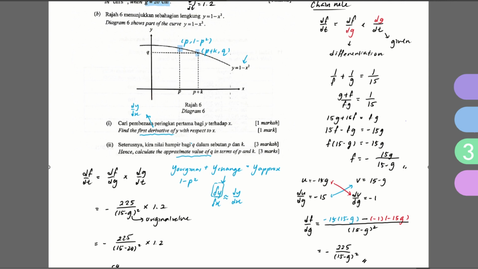And now we need to find delta x and dy over dx. So delta x actually represents the change in the x coordinates for the two points. So we can just deduct p from p plus k to get delta x. And for dy over dx, we can actually use the equation from part 1.